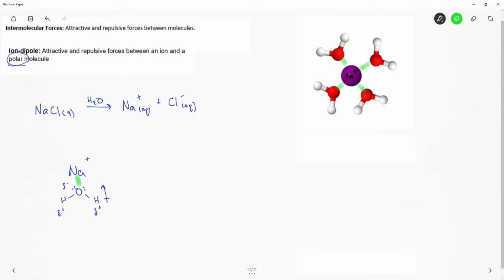And of course, I've represented this in 2D space, but what actually happens is these water molecules completely surround that sodium cation. And what you form are called spheres of hydration.